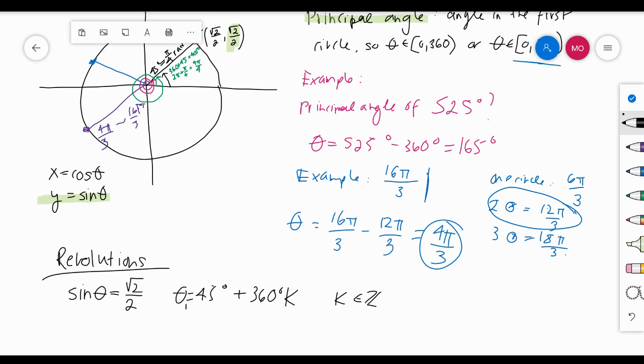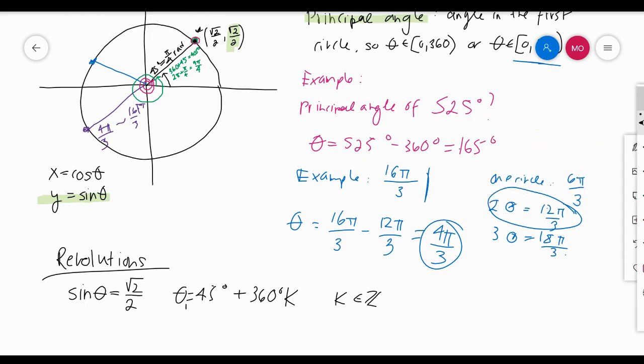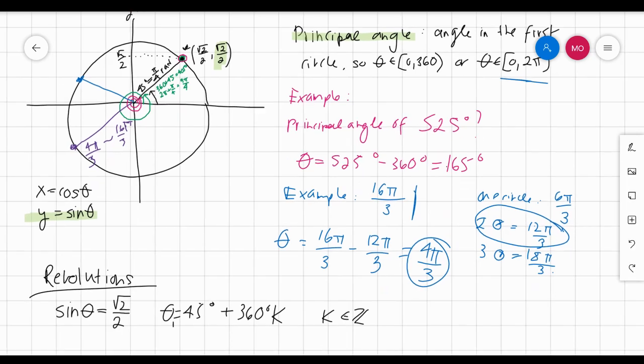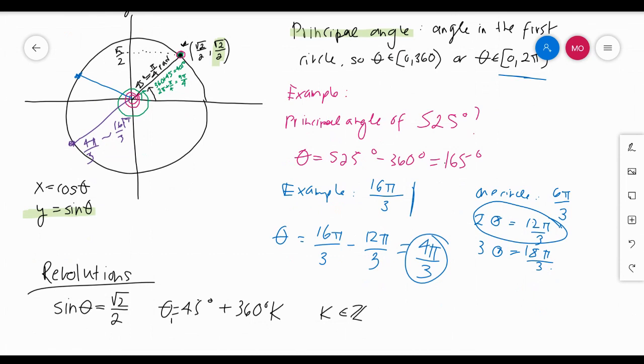So this is my y-axis, which is my sine value of the angle. This value here we just set is root 2 over 2. When I wrote sine theta equals root 2 over 2, it means we're looking for every point on this circle that has a y value of root 2 over 2.